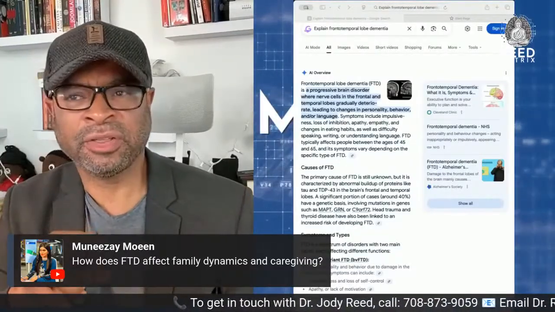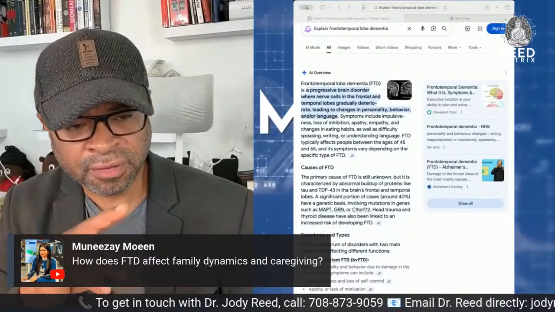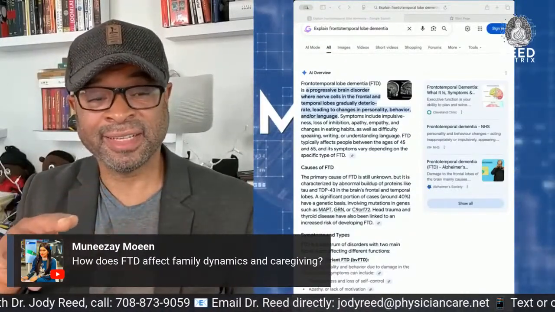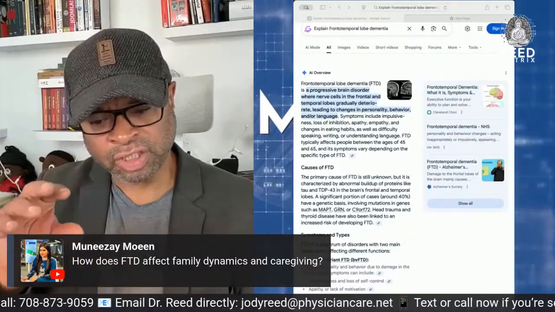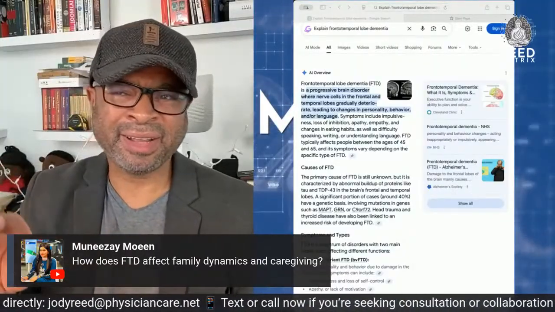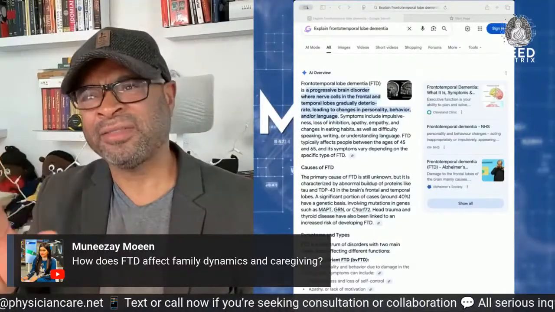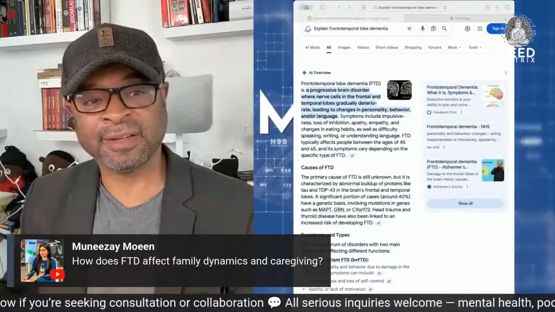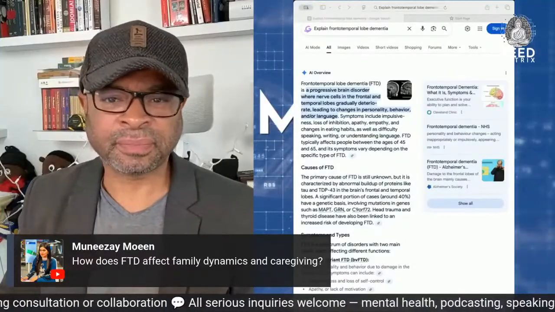With all the other diseases, there's a slow, gradual decline, a gradual progression over time. And so the family's history would be like, yeah, she started forgetting her keys, then she started forgetting her purse, and then she started leaving the house, and then she started disappearing, things like that.